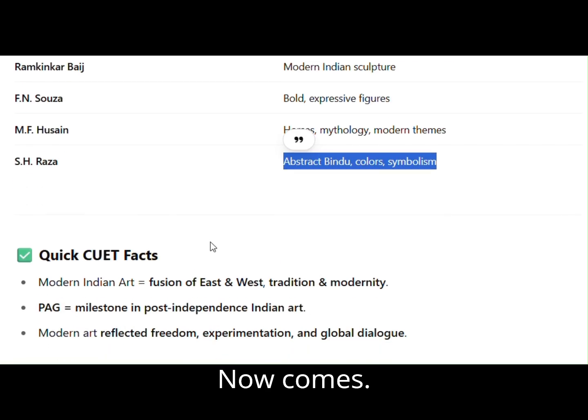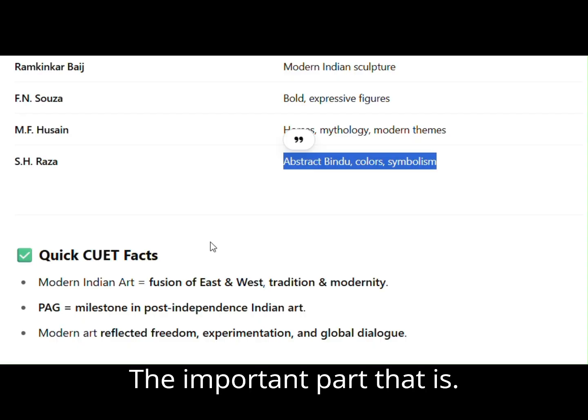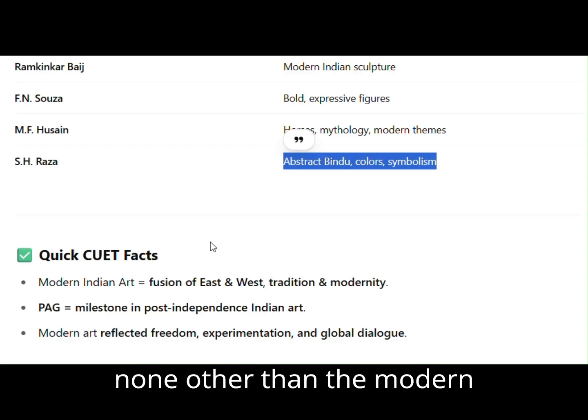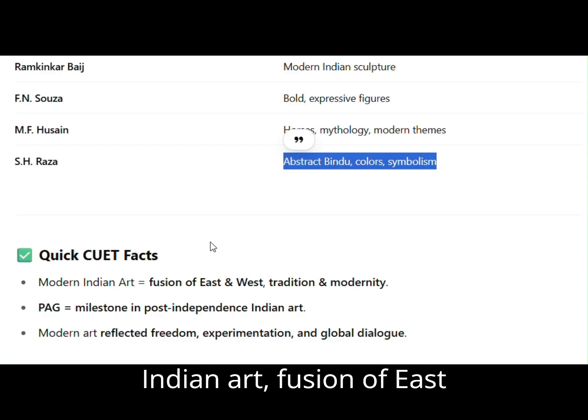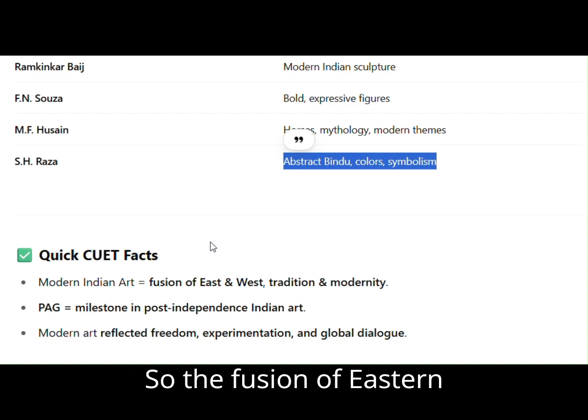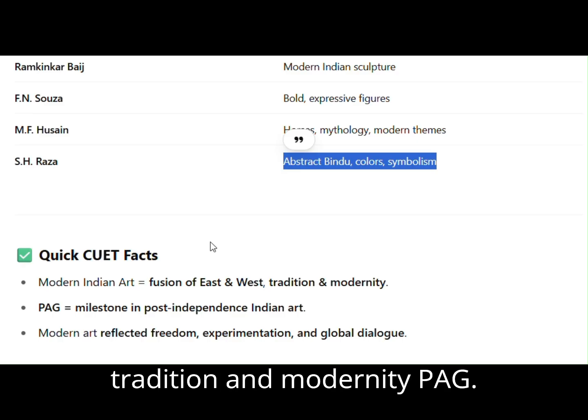Now comes the important part, the quick CUET facts. Modern Indian art is a fusion of East and West, tradition and modernity. PAG.